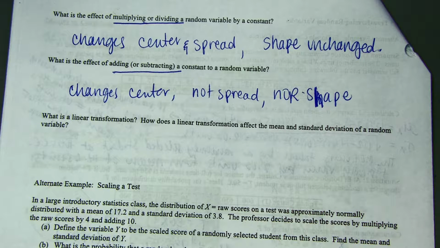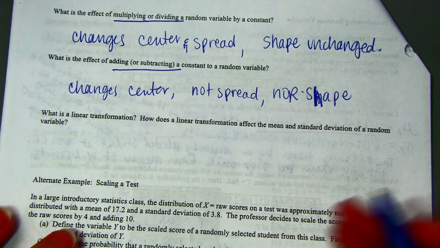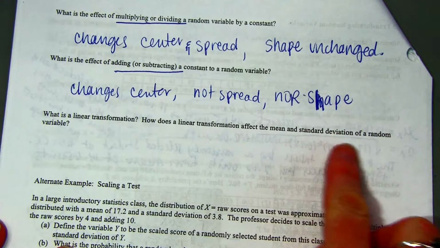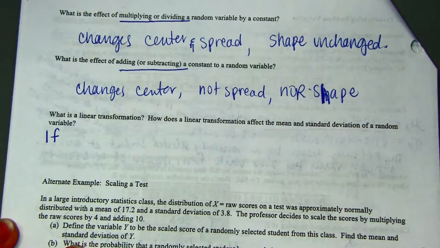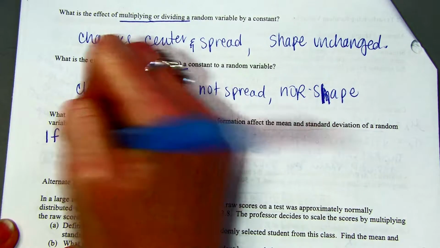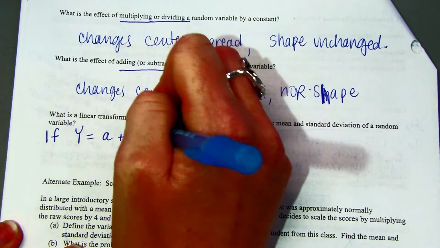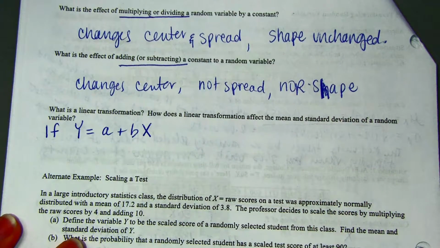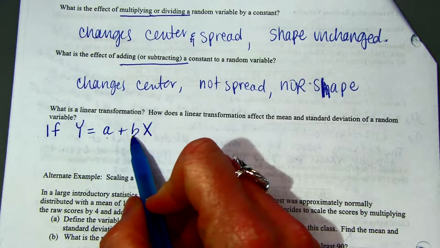Okay, so let's write this in a little bit more formal way. What is a linear transformation? And how does a linear transformation affect the mean and the standard deviation? Now we're talking about random variables. If I have a random variable, let's call it y, which is a linear transformation of random variable x, and remember that a linear transformation can involve an addition and/or a multiplication.